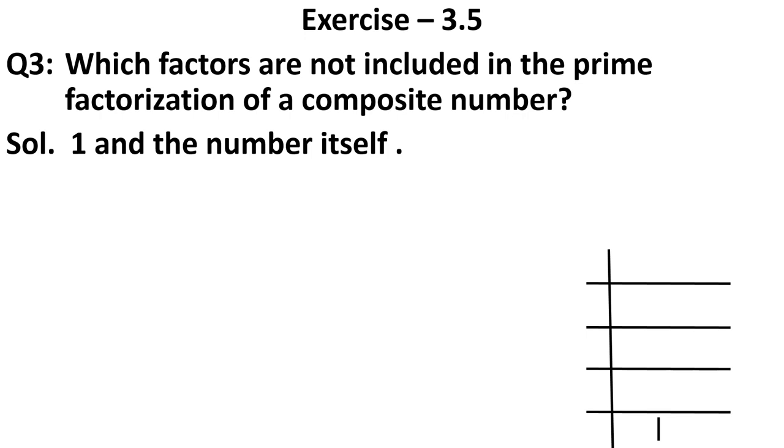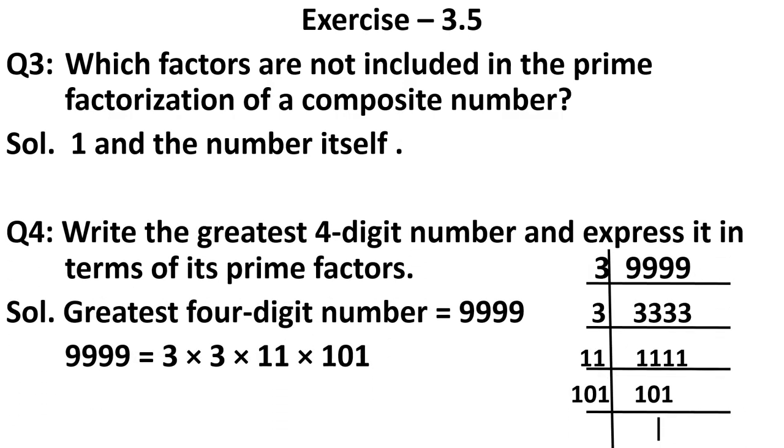Because if it is a composite number, that means definitely it must be divisible by some other number also, other than 1 and the number itself. There are more than 2 factors in composite numbers, so we will divide it by that number. See question number 4. Write the greatest 4-digit number and express it in terms of its prime factors.